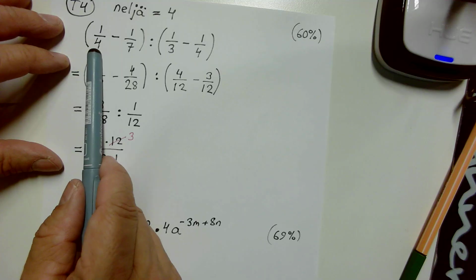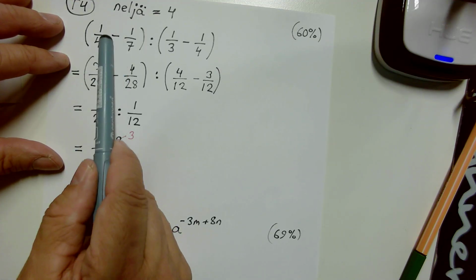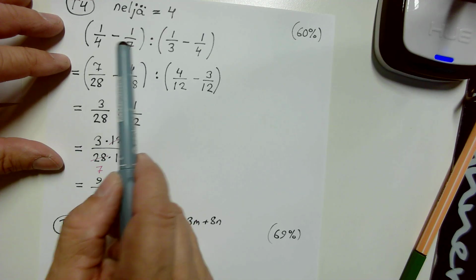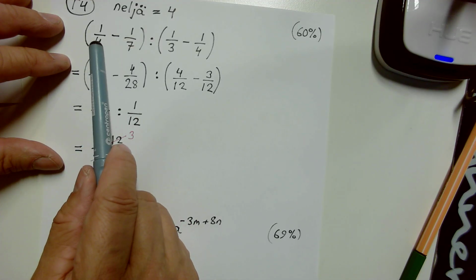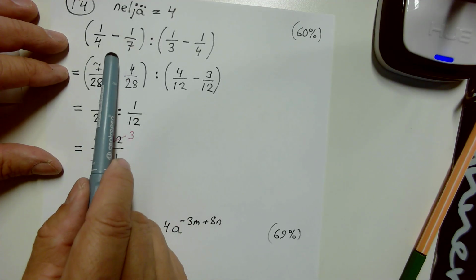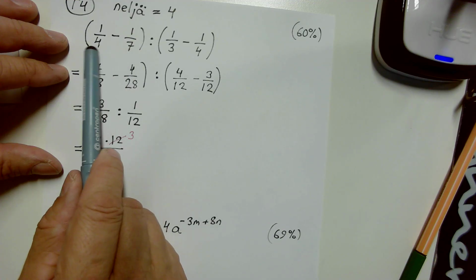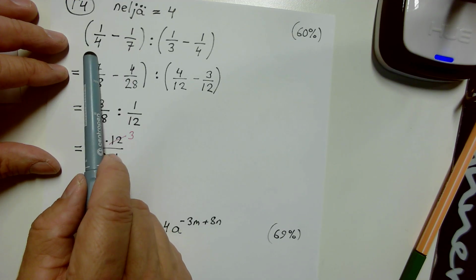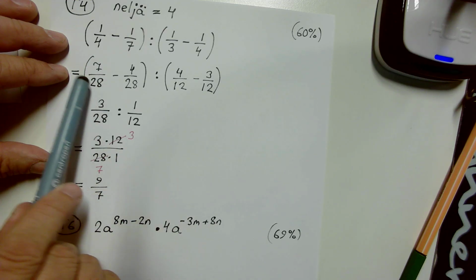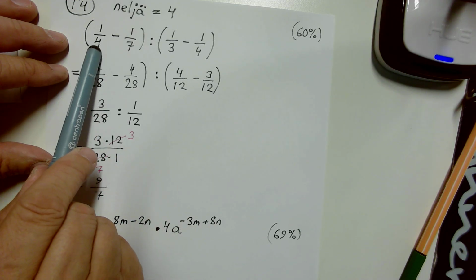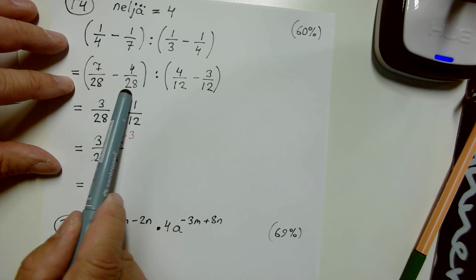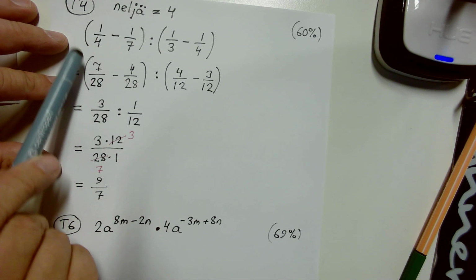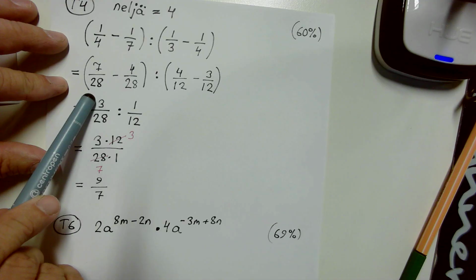So here we first have these fractions, 1 divided by 4 and 1 divided by 7, and we can't add or subtract them if we don't have a common number in the bottom part of these fractions. So we got 28 in the bottom part here. These were multiplied by 7, so we get 7 divided by 28.